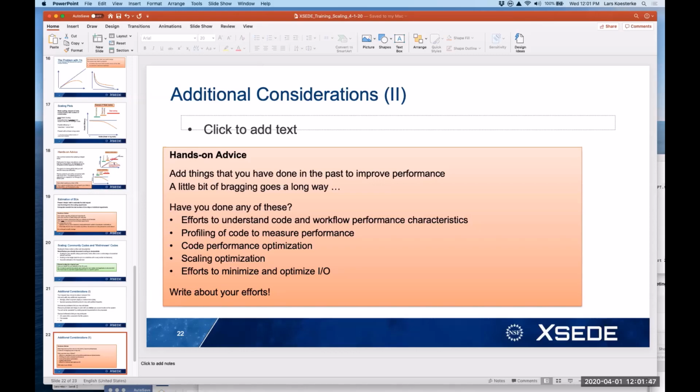Oh, Bob sent me a private chat that it is maybe about getting the variability in runtimes.